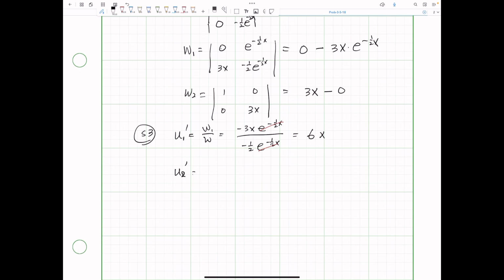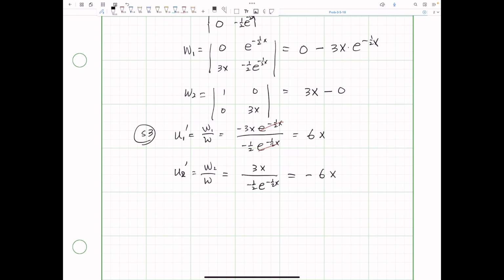U2 prime is W2 over W. We have W2 as 3x. W is negative 1 over 2 e to the negative 1 over 2x. Now 3 over negative 1 over 2 is negative 6x.